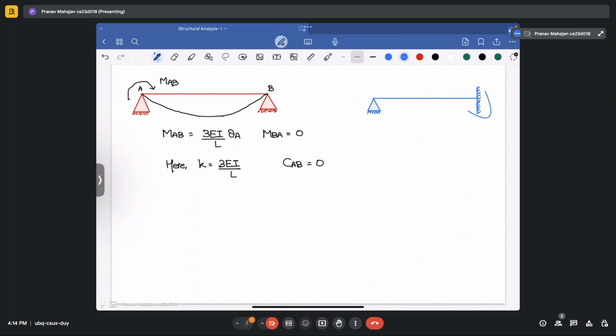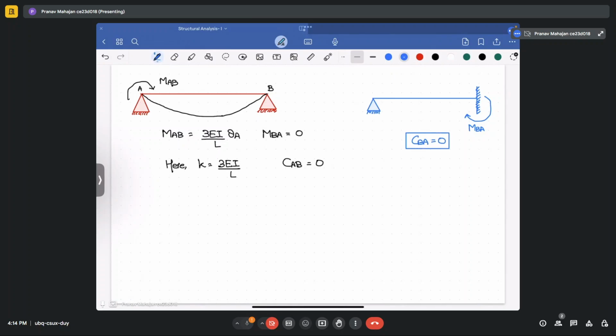If you apply the moment at the fixed end, suppose MBA, in this case no moment will be transferred to support A. So in this case CBA will be equal to 0.